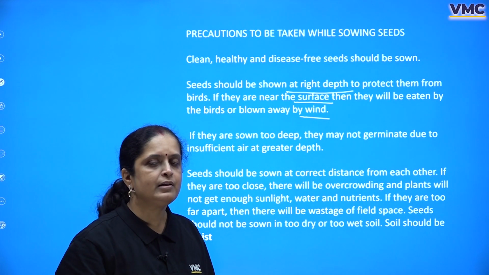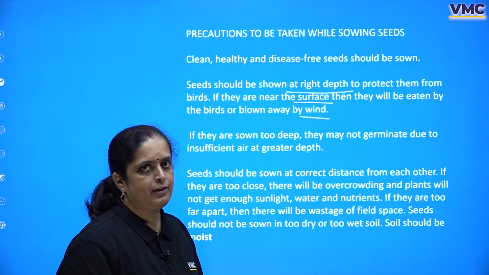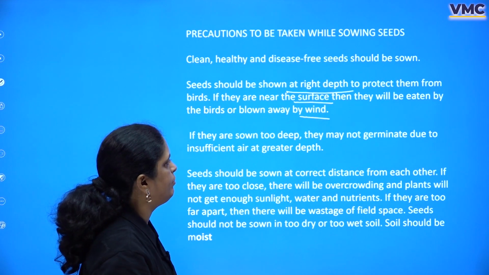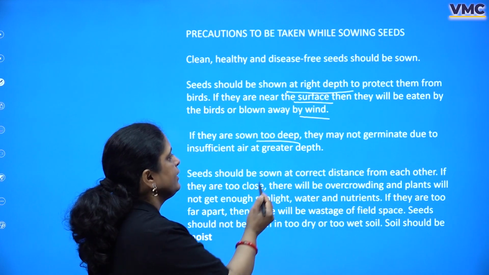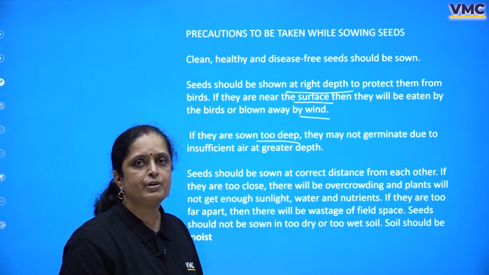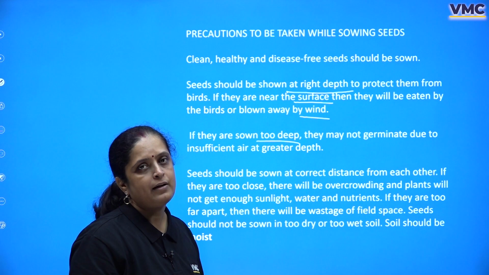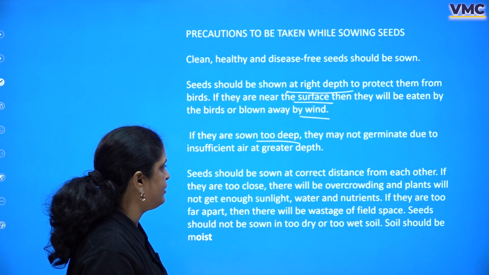In both the cases the seeds are going for a waste. So we should put them at proper depth. If they are too deep, अगर बहुत ज़्यादा deep हो गए, then they would not germinate because they would not get enough air or sunlight that is required for germination.